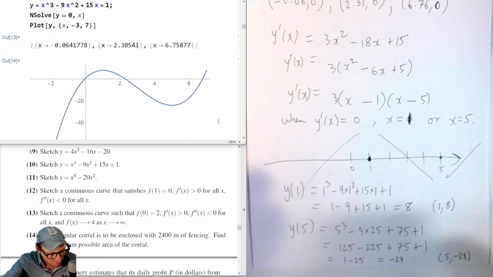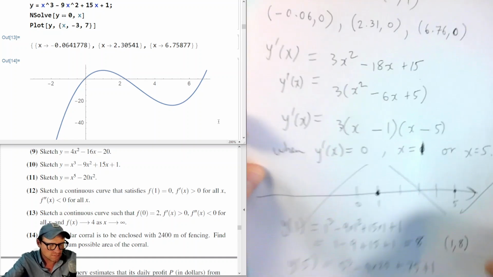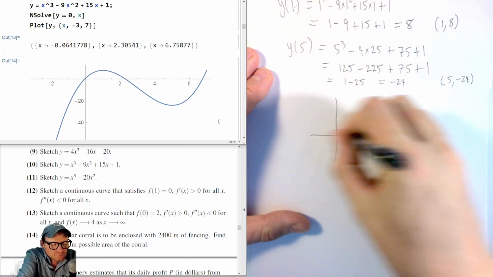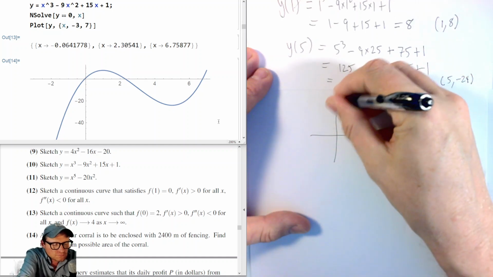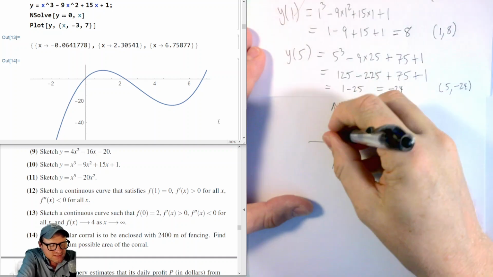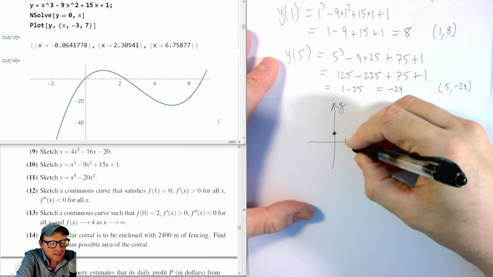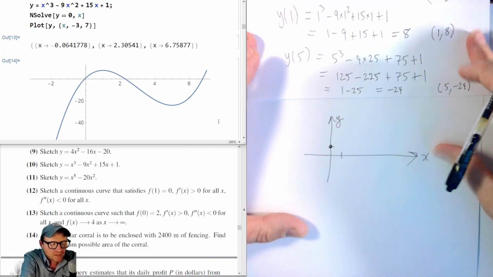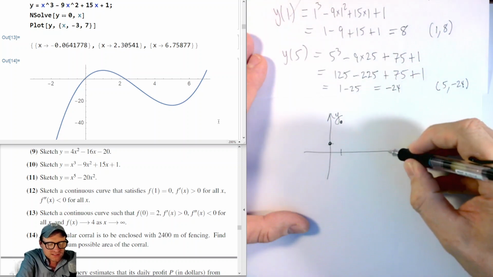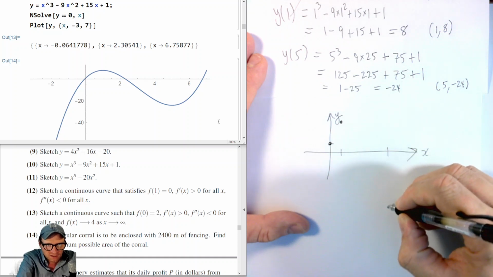Okay, and so now we have all the ingredients we need to sketch this. So let's make a go of sketching this. Okay, and so we have the point (0, 1). Let's put that there. Then when x is 1, we have y is 8. So let's put that, say, up there. And then when x is 5, say over here we've got minus 24, so that would be, say, way down here.